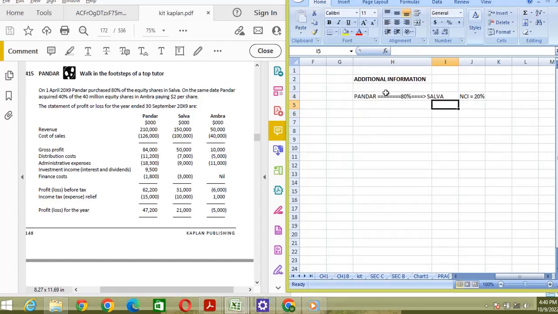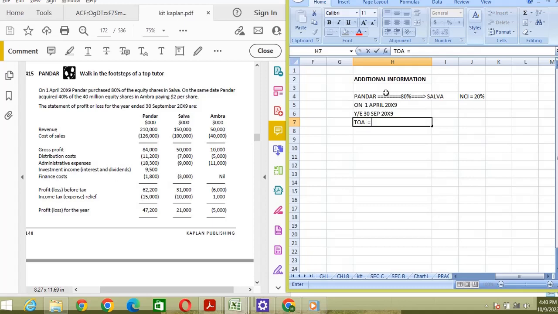The date of acquisition is 1st April 20X9, and the year end is 30 September 20X9. Time of acquisition, I will write in shortcut TOA, which stands for time of acquisition.